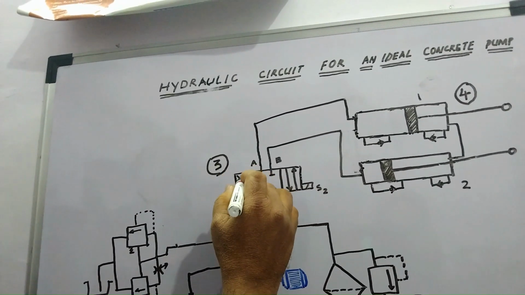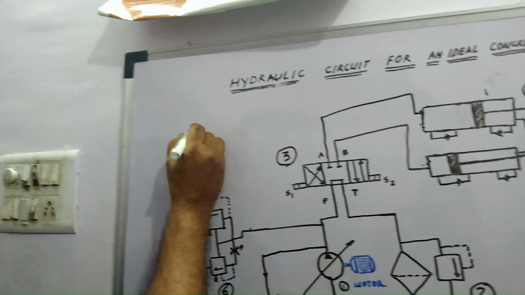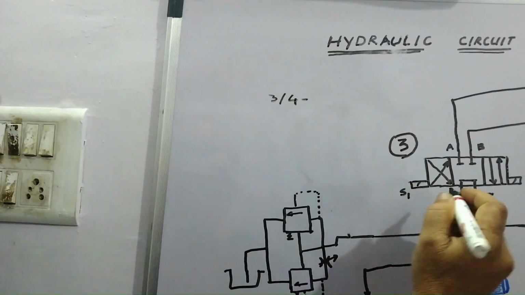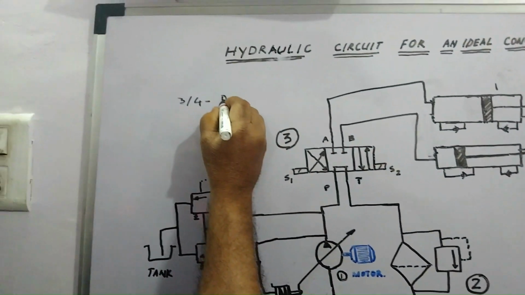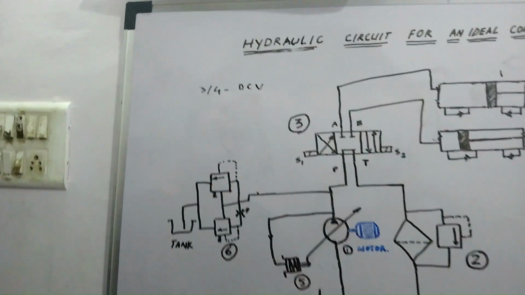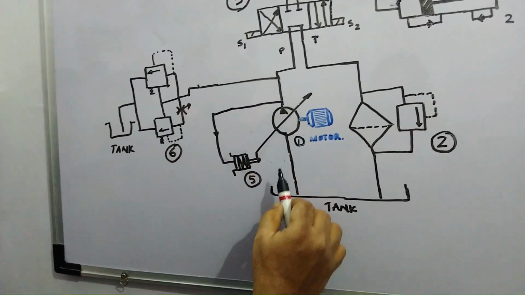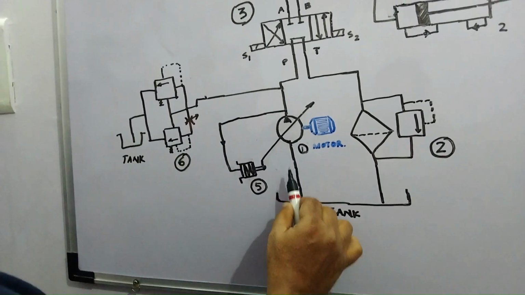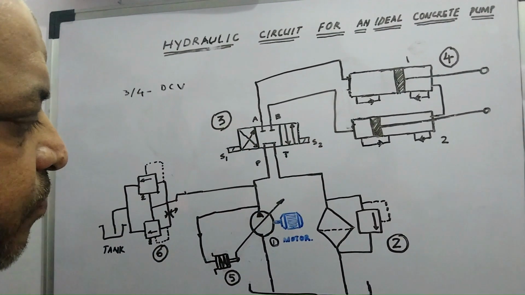This is a 3 position 4 port direction control DC valve. So item 1 is the motor with the hydraulic pump. It sucks the hydraulic oil from the tank and sends it to the direction control valve.